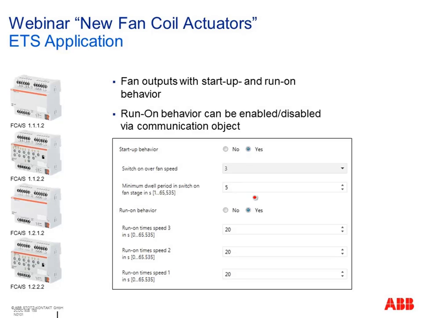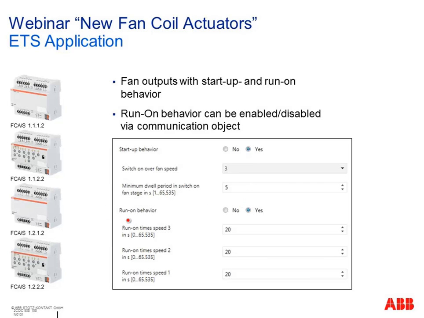So before the control value is overwriting this, you have this fixed operation of the fan speed, and then of course after, in this case, 5 seconds only here, it will go to the right level depending on the control value. Not new. Makes sense for fast ventilation or fast cooling down of a room if necessary.